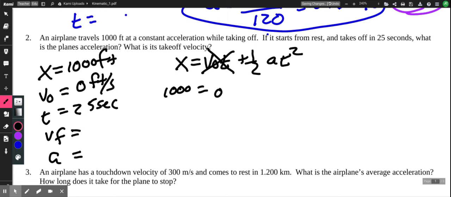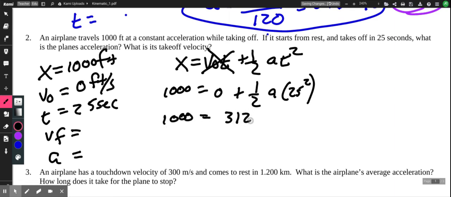So equals 0 plus 1/2 A times the time of 25 squared. So we get the value of 1,000 is equal to 312.5 A. So A in this particular case ends up to be 3.2 meters per second squared.